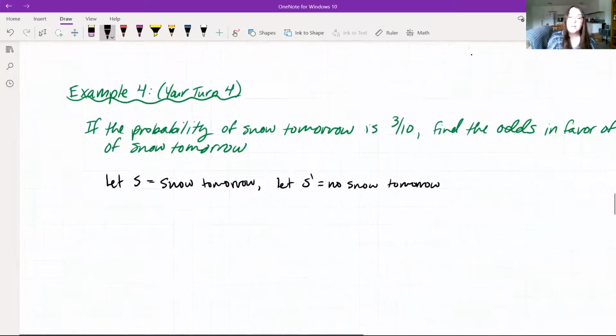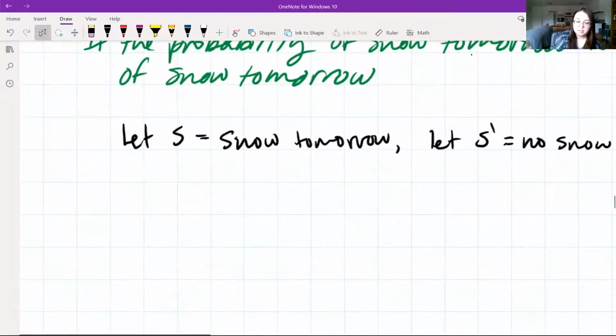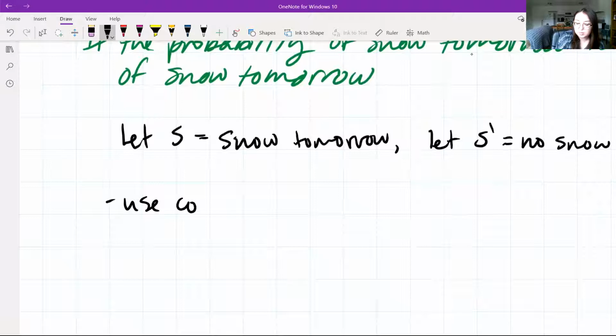We're going to use our complement rule, because we know what the probability of snow tomorrow is, but we don't know the probability of no snow tomorrow. So use complement rule.